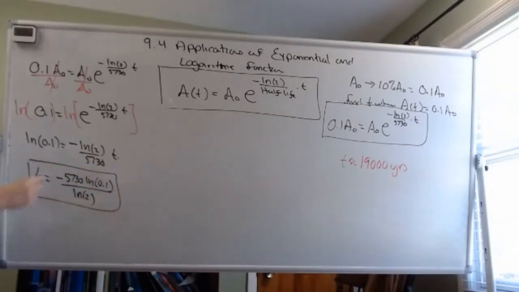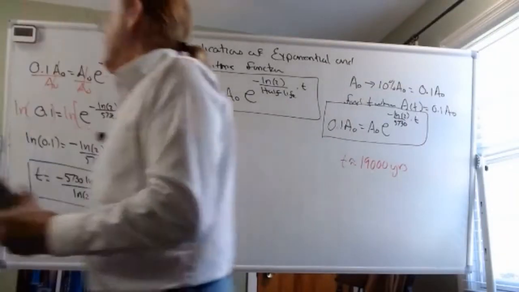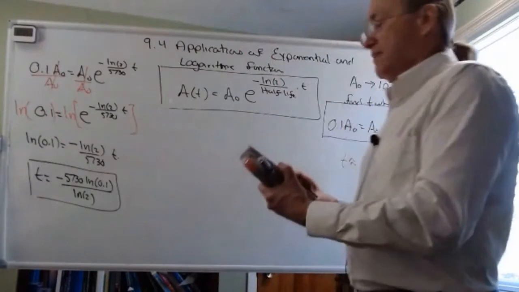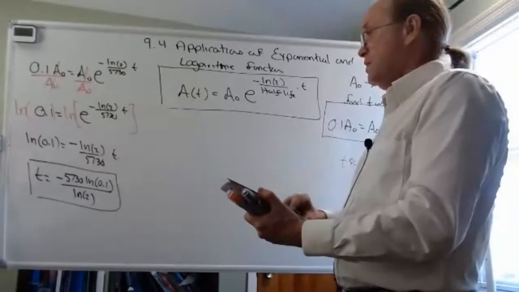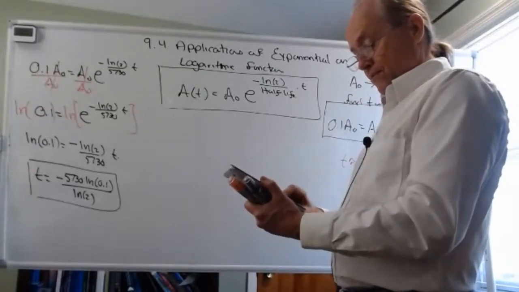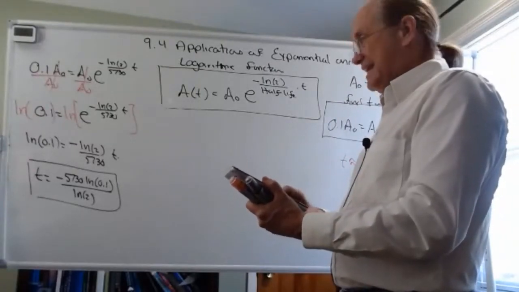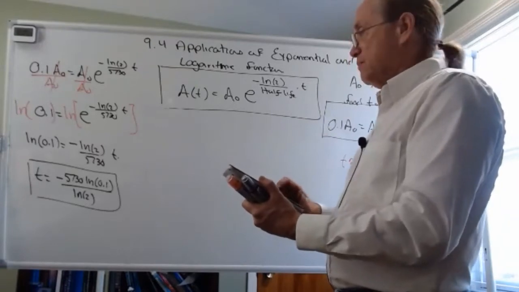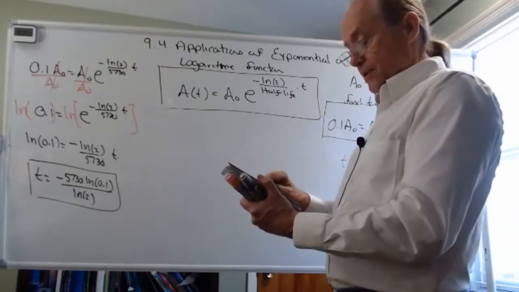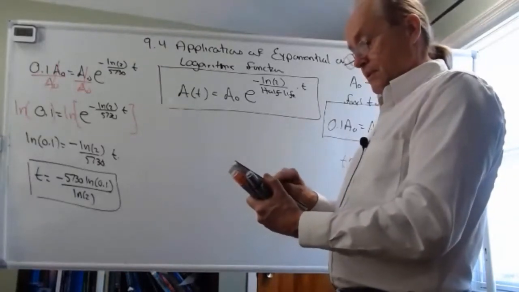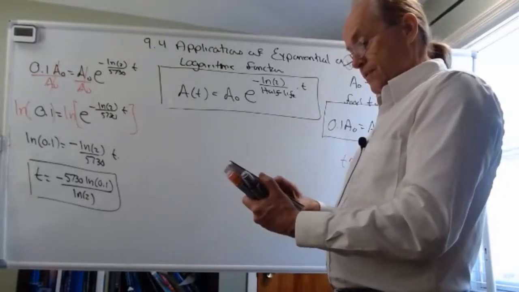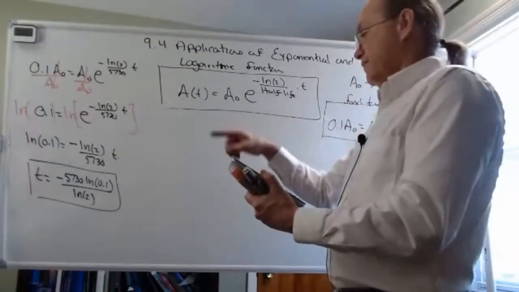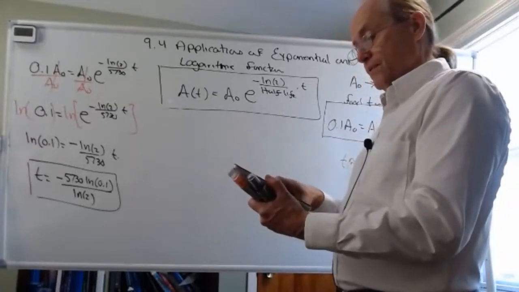There's the exact value. Now what do I need to do? Plug that into my calculator and get an approximation. Take 5,730, multiply that times the natural log of 0.1, then divide by the natural log of 2.